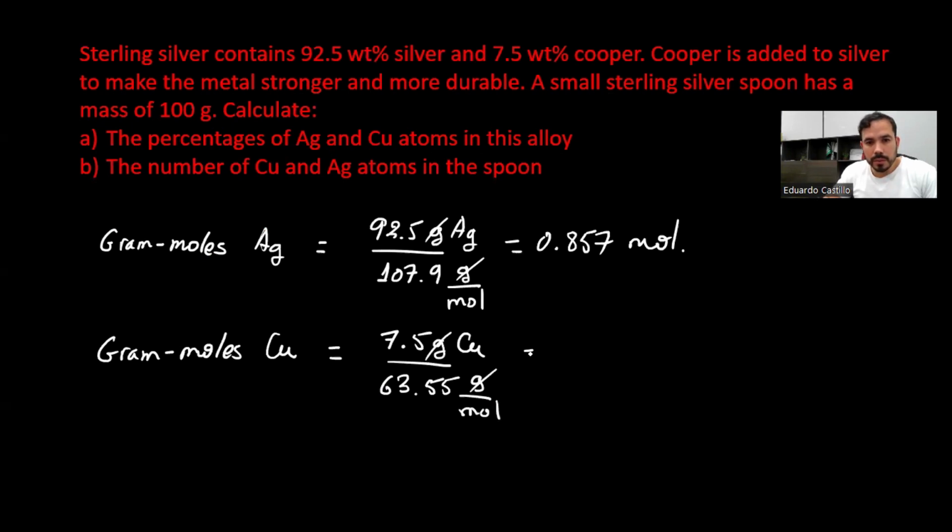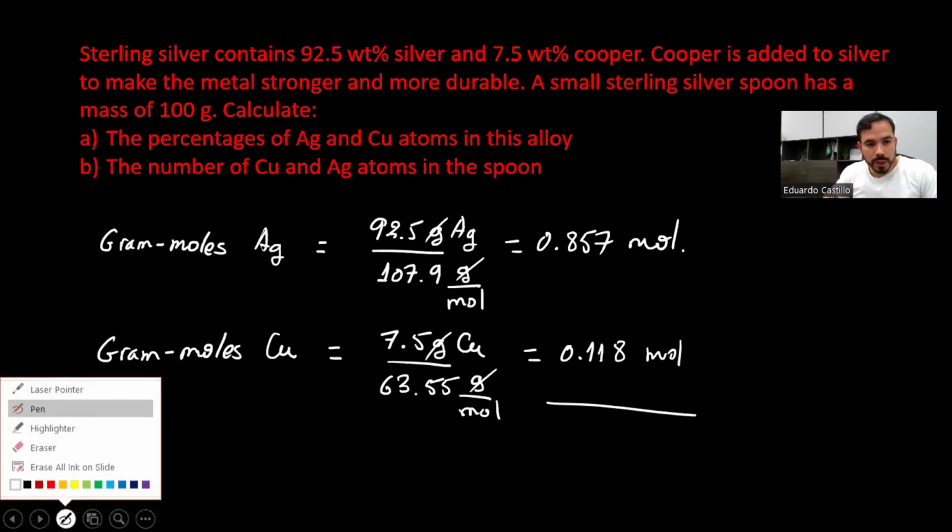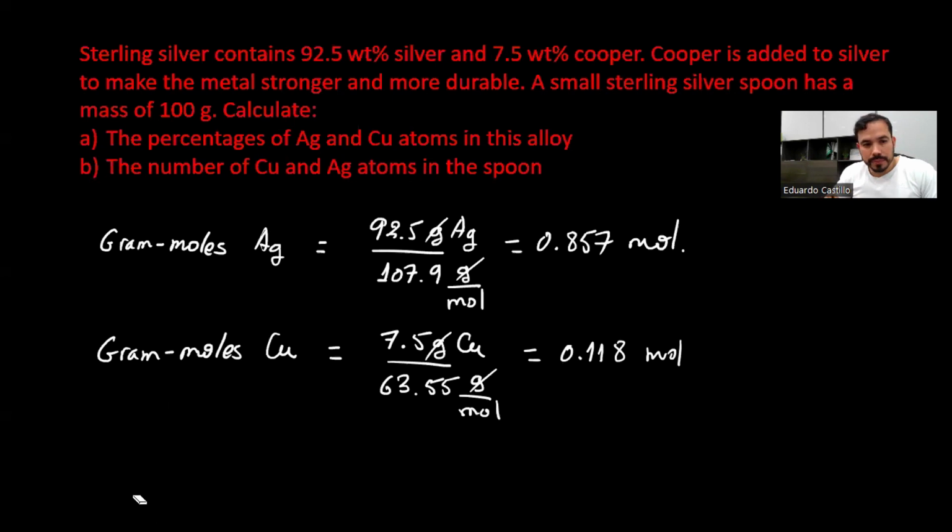Again, grams cancel with grams, and we have 7.5 divided by 63.55. That is 0.118 moles.